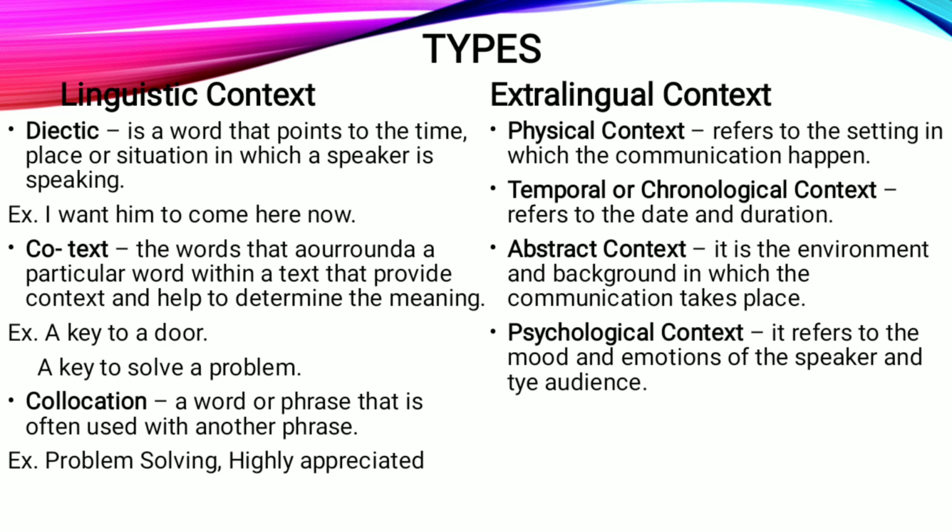So let's proceed now to the types of extralingual context. First, we have the physical context. Physical context refers to the setting in which the communication happens. It talks about the setting or the location in which the communication occurs.